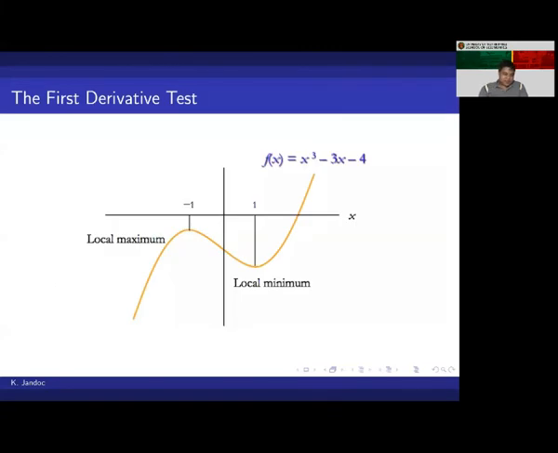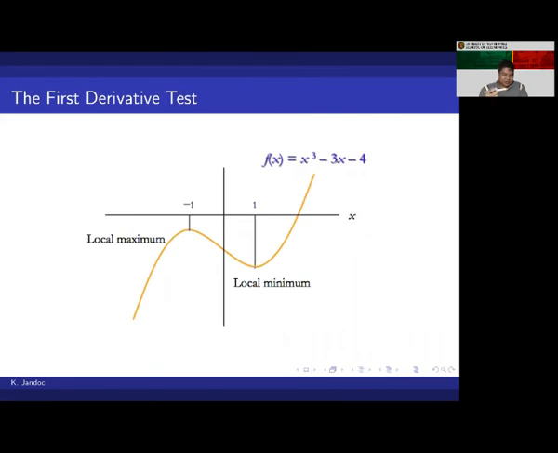So in fact, if you look at the graph of the function that we had earlier, x cubed minus 3x minus 4, it looks like this. So clearly you can see that at x equals negative 1, this is a local maximizer. At x equals 1, this is a local minimizer.